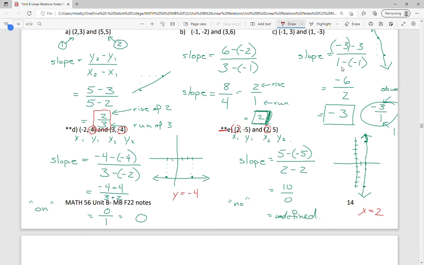And I do want to make a distinction. So ordered pairs give you a location. So x, y equals a spot on the graph. And slope tells you direction.